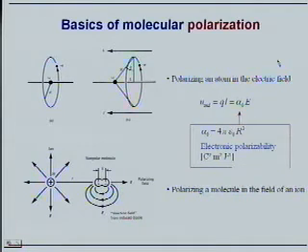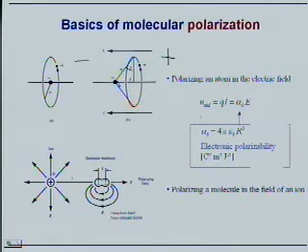But you have an induced dipole, because let's say if you have a hydrogen atom with an electron circling around the nucleus, then when you apply the field, with the positive side here and the negative side here, the electron is going to get attracted to the positive side. The positively charged nucleus is going to be attracted to the negative side of the field. So you're going to have polarization.